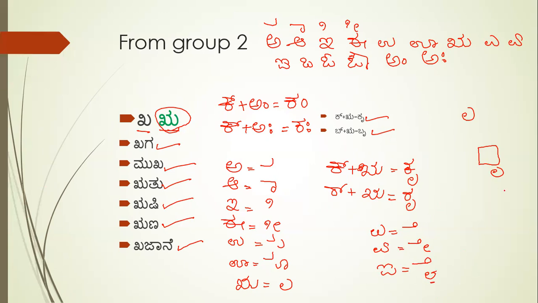Now the next we have is O. The O would be above curving and side extension. Then big O would be above curving, side extension plus dirgha. Then Au would be like this. Then am would be like this on the side and aha would be like 2 zeros on the side.